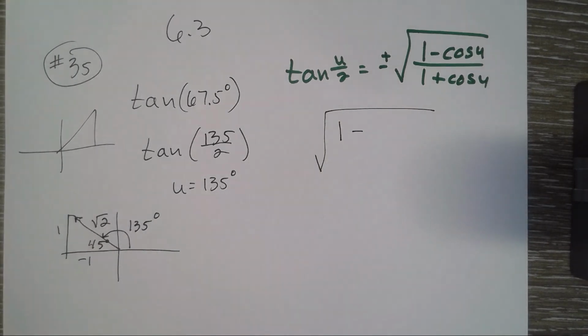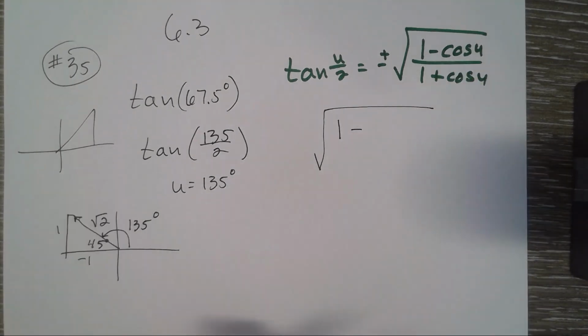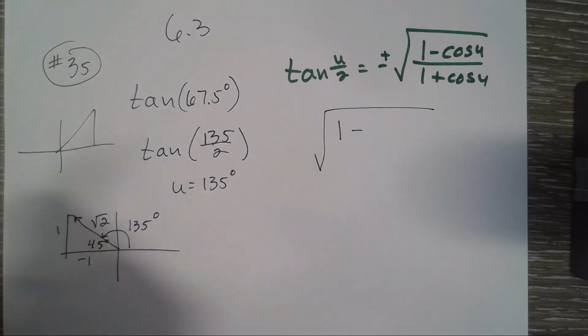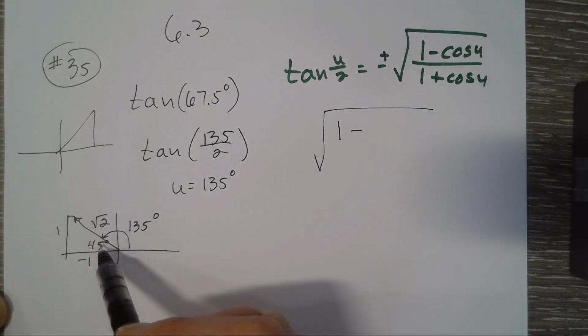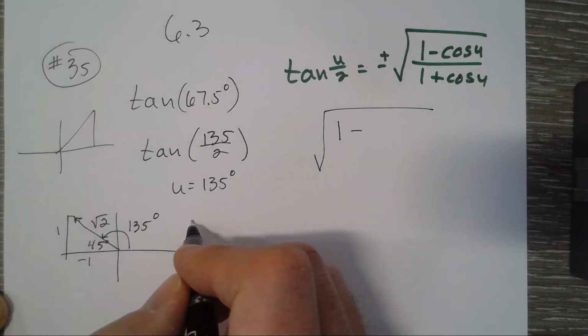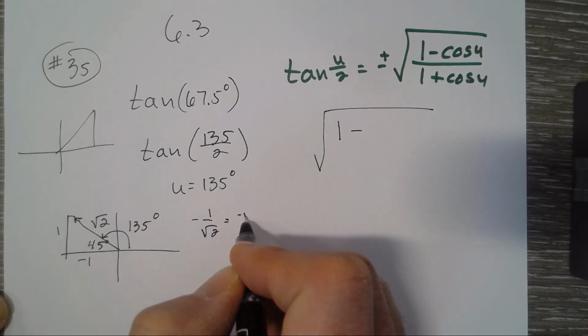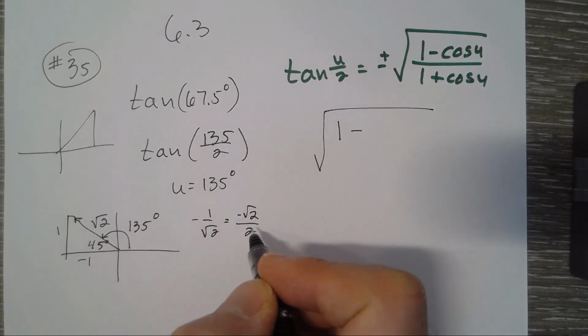So the cosine of that angle is negative 1 over square root of 2, which is negative square root of 2 over 2, which we'll probably use that version in this problem.